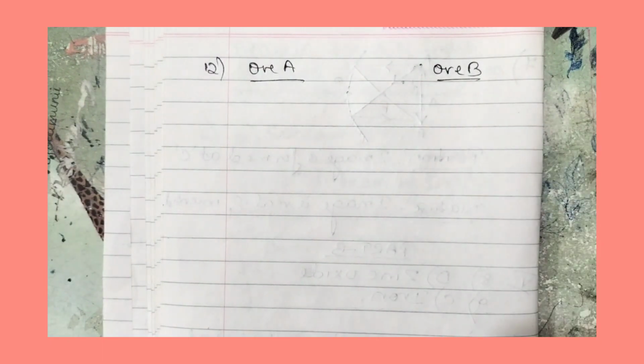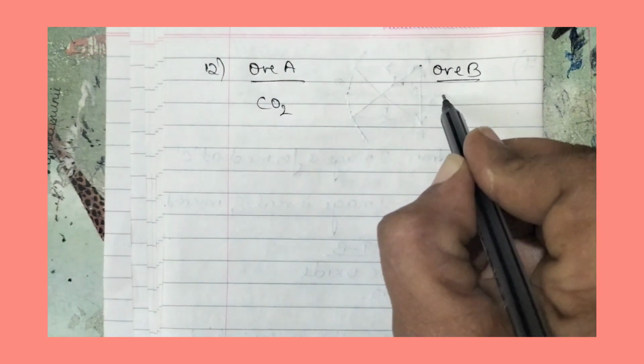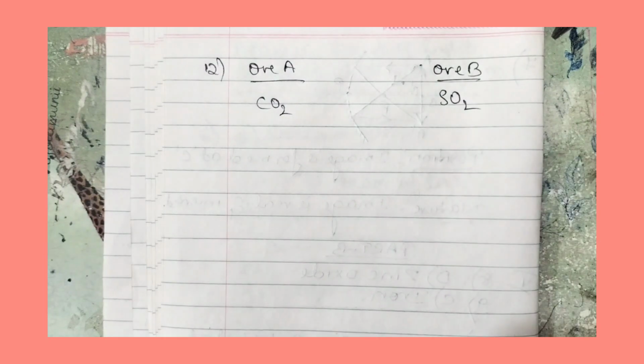So ore A gives carbon dioxide and ore B gives sulfur dioxide. What steps do you take to convert them into metals?